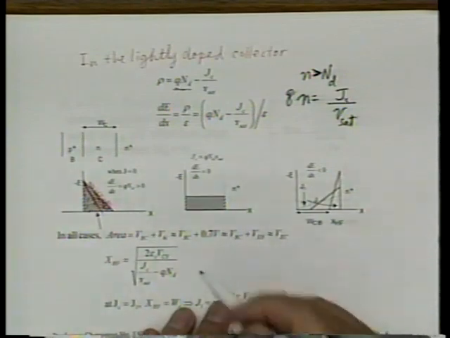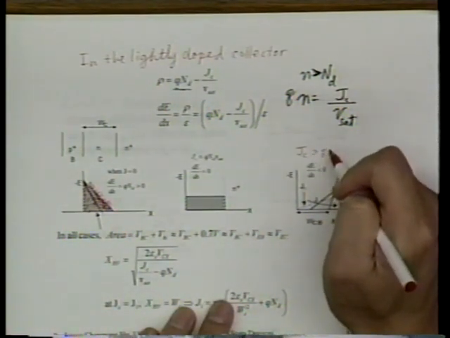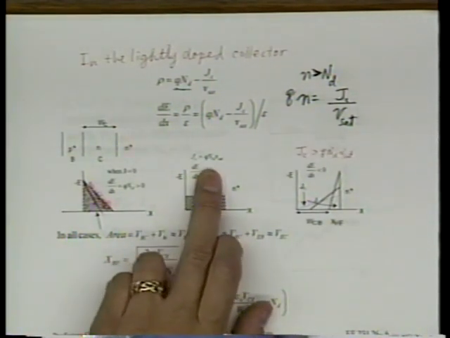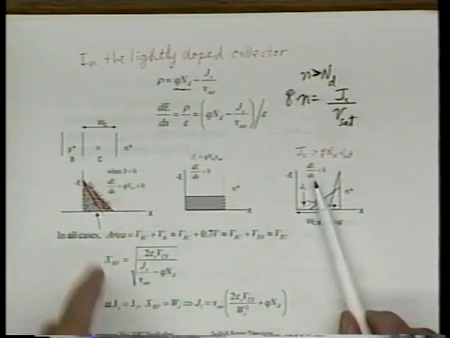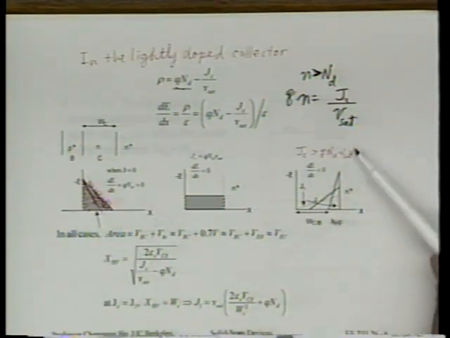If JC is even larger than qNDvsat, now dE/dx will reverse sign. Reverse sign meaning the electric field will have to change in this direction, right?